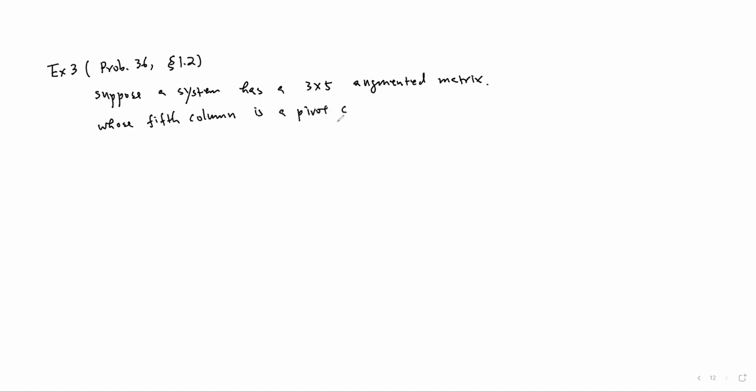That means that after you reduce the augmented matrix, you will see the fifth column contains a pivot number. Now the question is: is the system consistent?